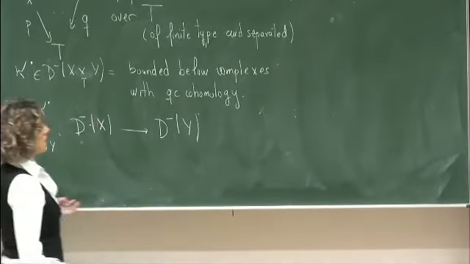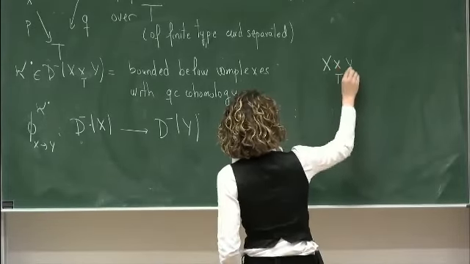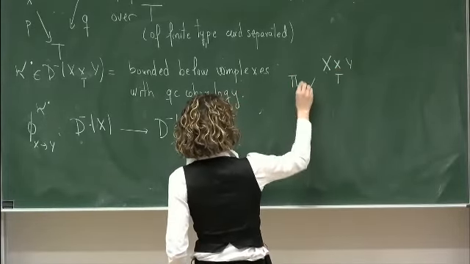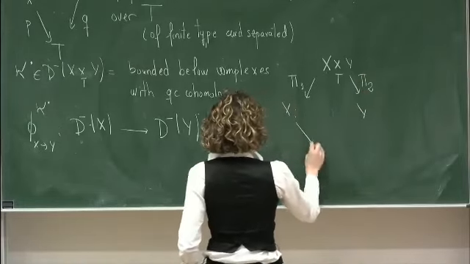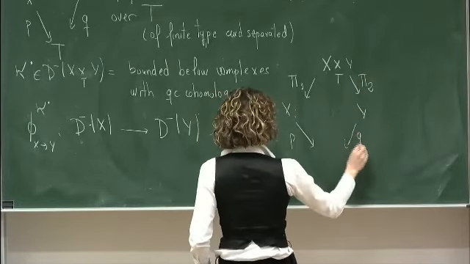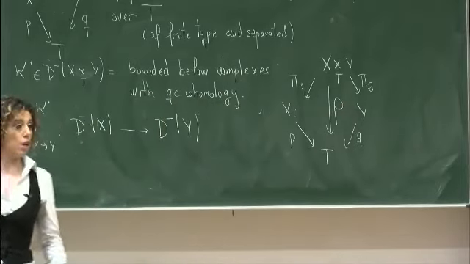And the definition is the same as for a Fourier-Mukai transform. You have here the fiber product, the two projections, P1, P2, here your P and Q, over T, and let us denote this rho.